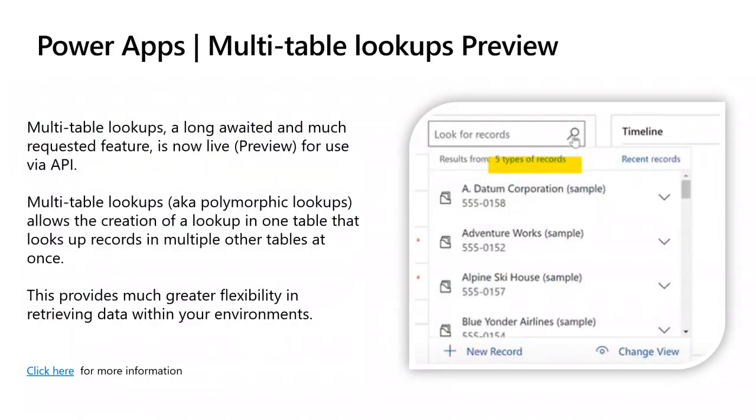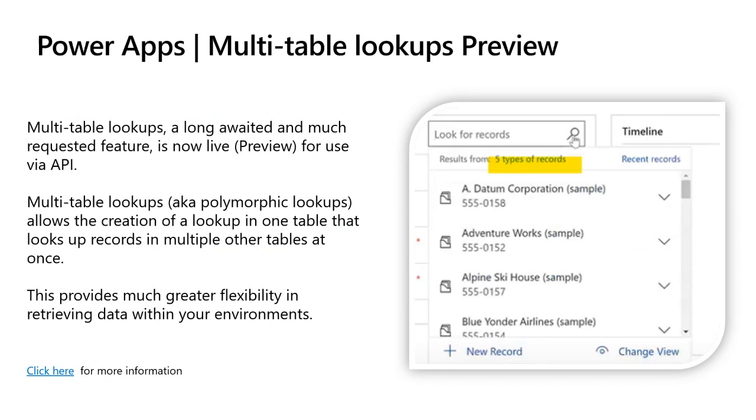Next up is multi-table lookups, and this is a preview feature right now. But multi-table lookups allow the creation of a lookup in one table that looks up records in multiple other tables at once. So it provides greater flexibility in retrieving that data. This is a kind of long-awaited feature, but as an example, say you had functionality where you needed to check out media to users, and maybe had different media, say like books, audio offerings, video offerings.